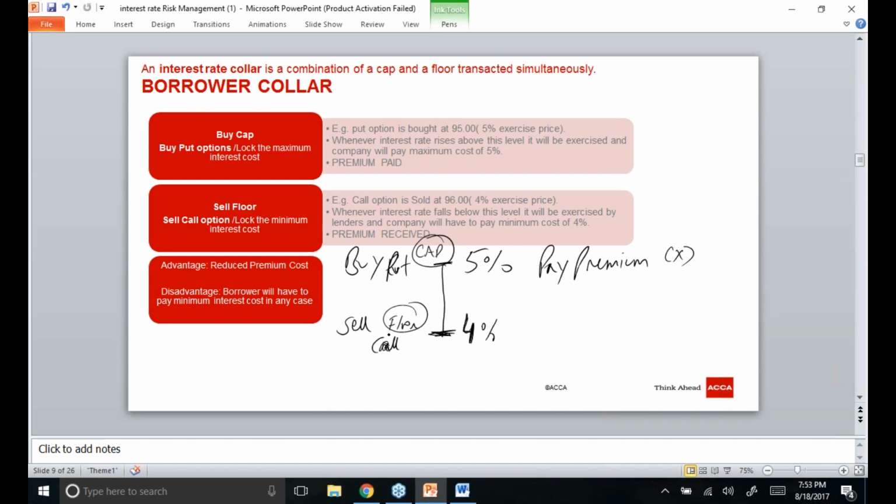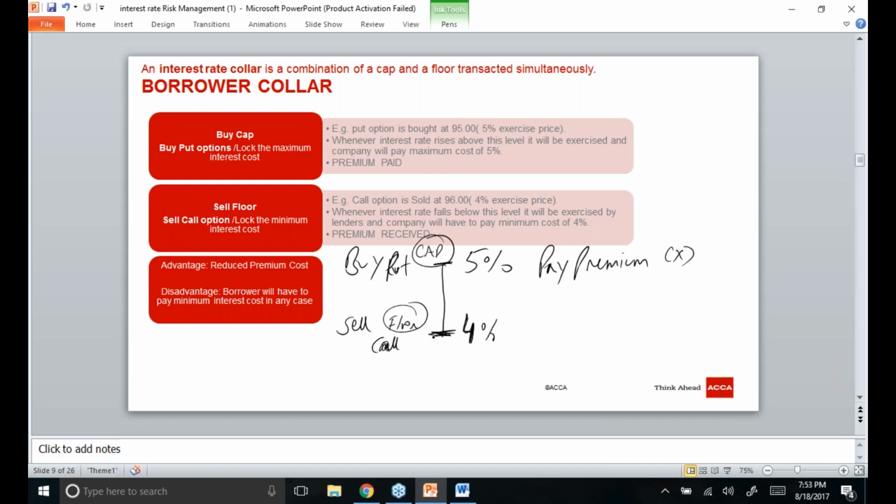Selling a call option means you will give the option to somebody else, obviously the lender, that whenever interest rate goes down, he will at least receive 4% from you.